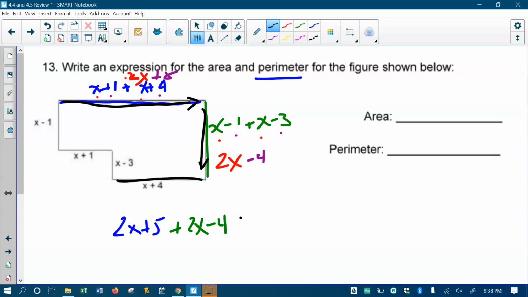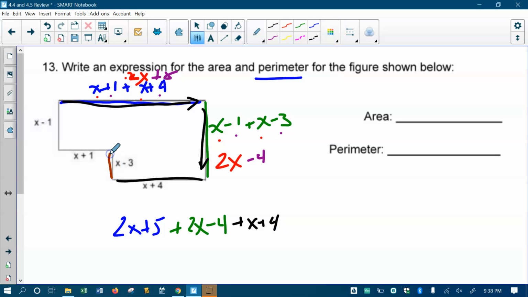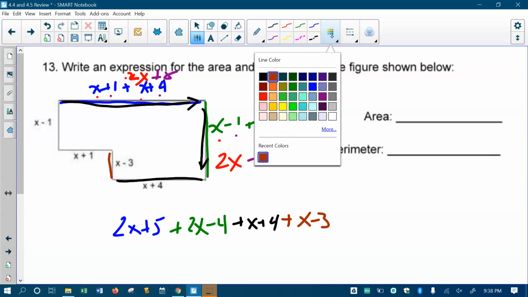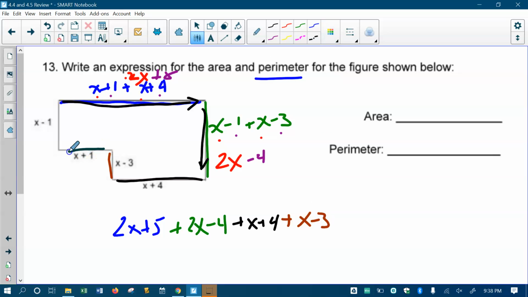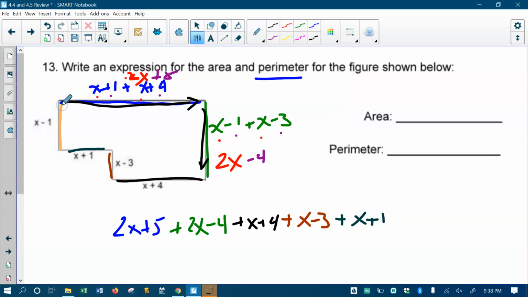So now let's add up this plus x plus 4. Let's add up this x minus 3 plus x minus 3. Let's add this x plus 1. And then let's finally add our last part, which is x minus 1.